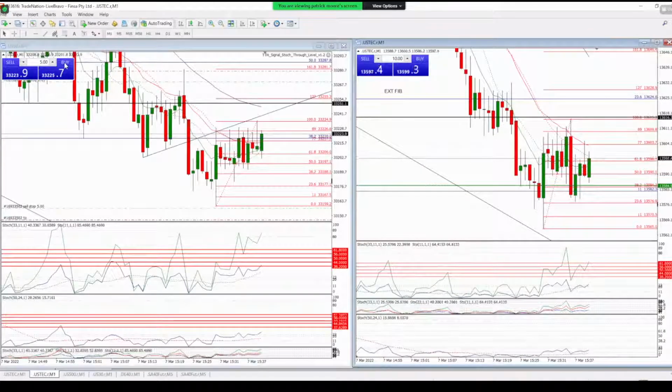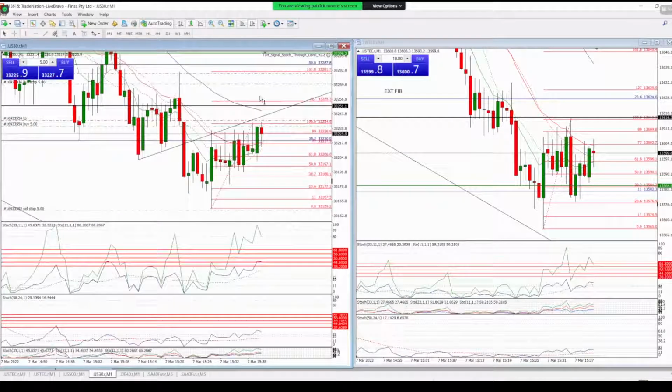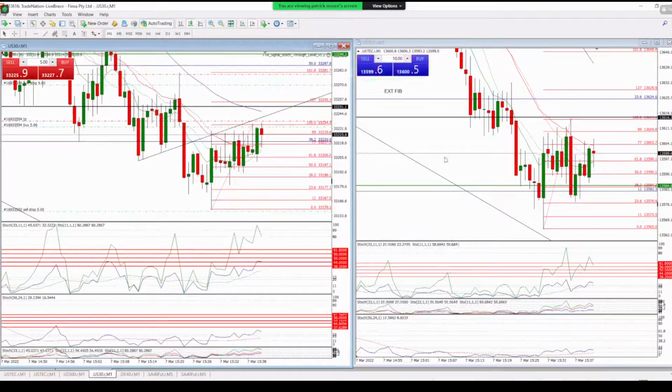Watch the stochastic again. Aiming for that 50 moving average level of resistance there.